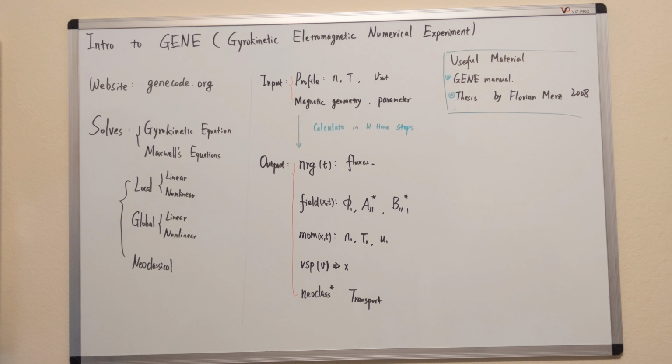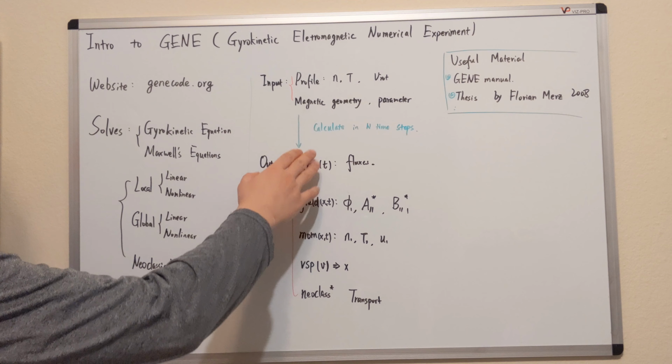The parameter file defines how you want to scan, for instance, different wave numbers or different mode numbers, how you want to define the grid, and where you want to do the simulation, stuff like that.